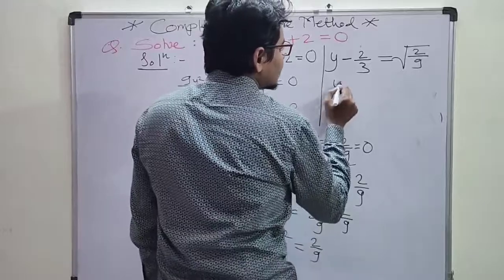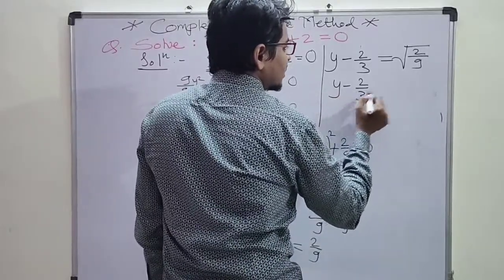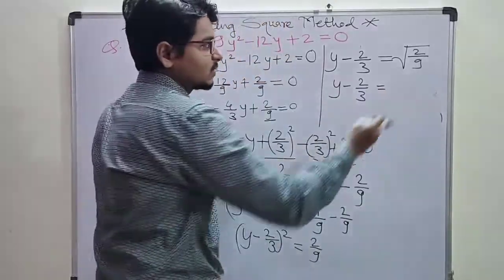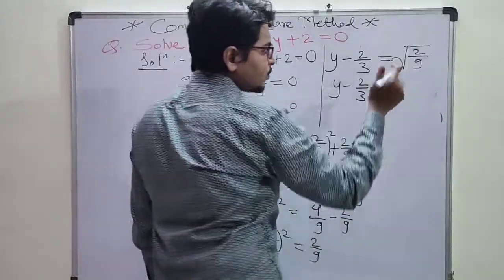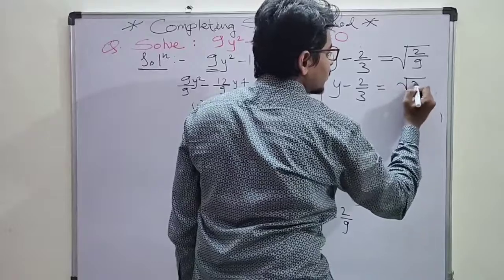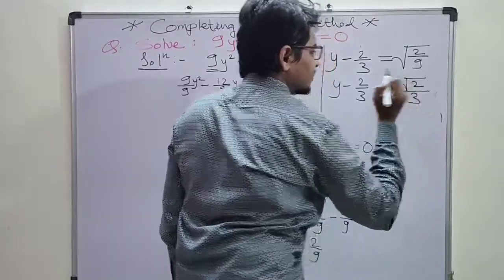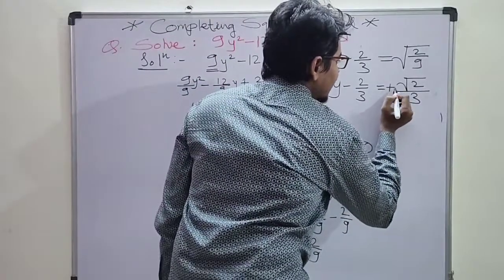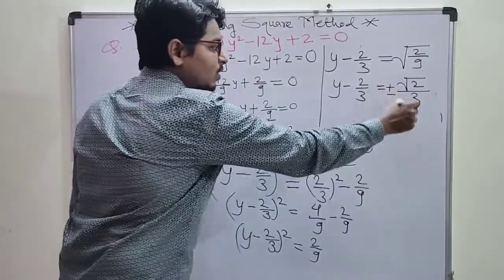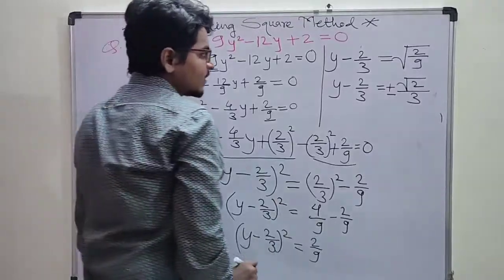Then next step is y minus 2 upon 3. Now we know that square root of 9 is 3, but square root of 2 is itself. So square root of 2 upon 3. But it is plus minus square root 2 upon 3.